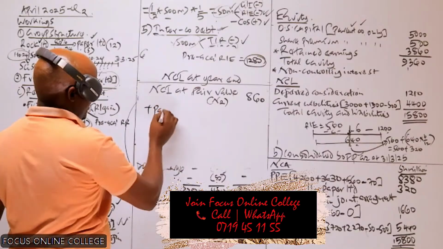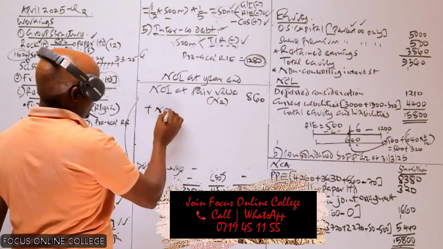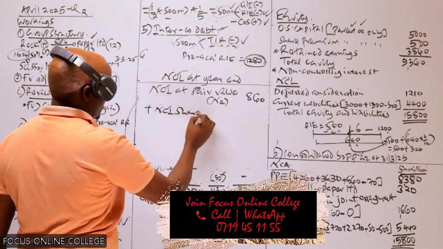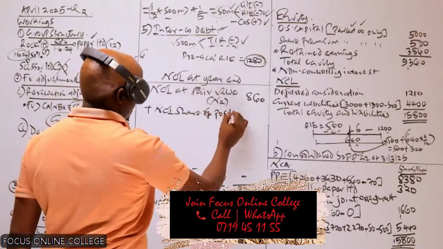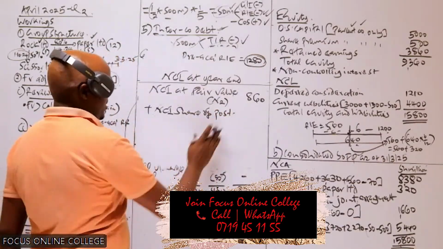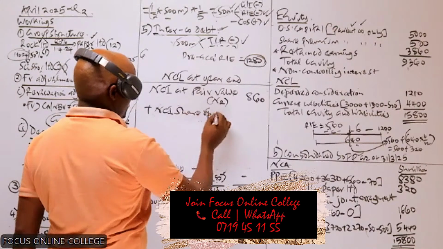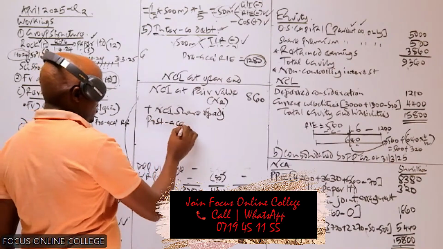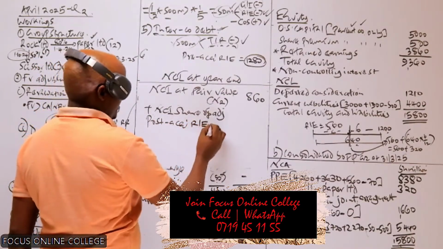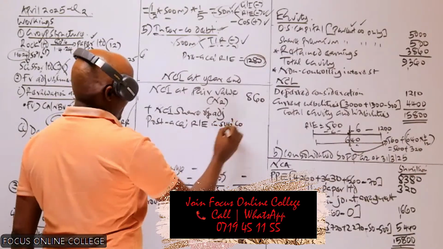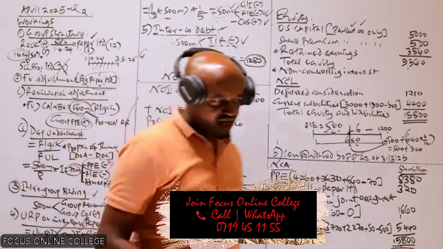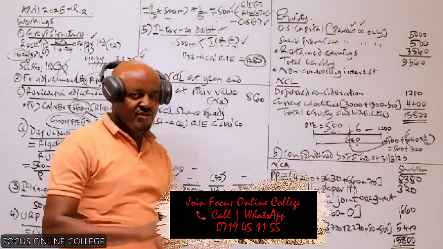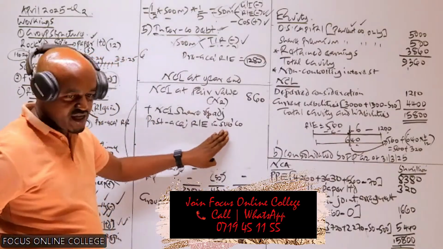And then to this, what we add here is something called the NCI share of the adjusted post acquisition retained earnings in the subsidiary company.